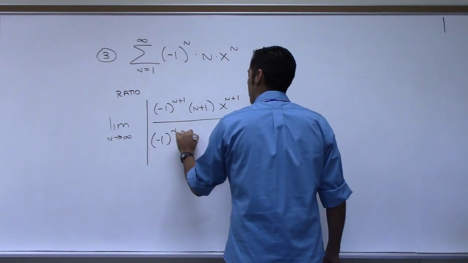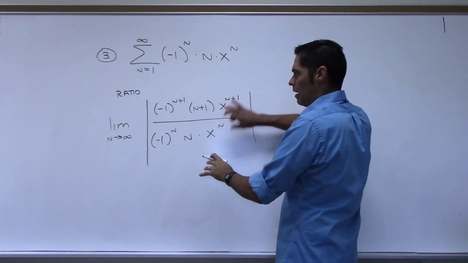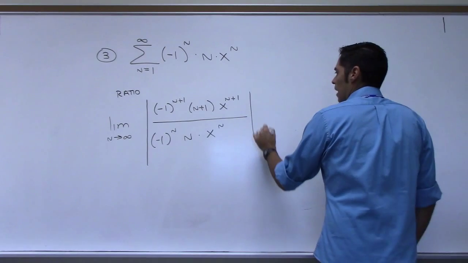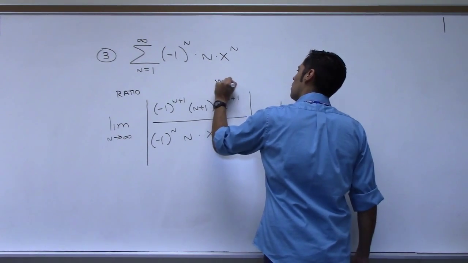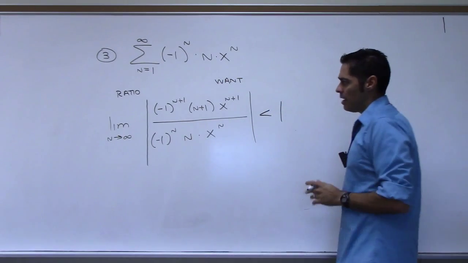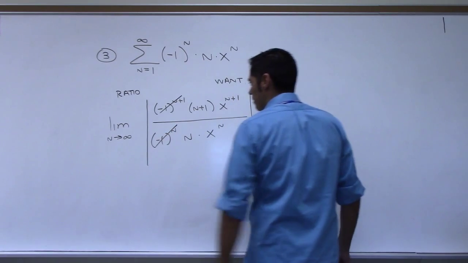And since these were not fractions, I'm just going to leave it like this, so I don't have to flip anything over. And I need this to be less than 1, right? We want this to be less than 1 in order to have convergence. I don't have to pay attention to the negative ones.